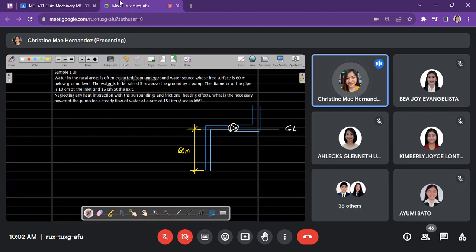Okay, ano sabi? The water is to be raised 5 meters above the ground by a pump. So, ito yung pump natin, tataas natin yung water ng 5 meters above the ground.